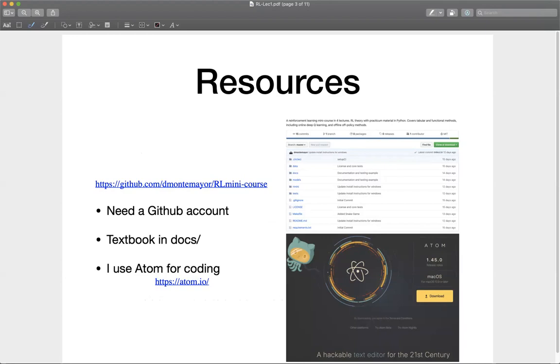Like I said, the materials for the course are on my GitHub account here. It's D Montemayor, capital RL mini course. You can see the contents in there. The way it's divided is the code is in this folder called RL mini.